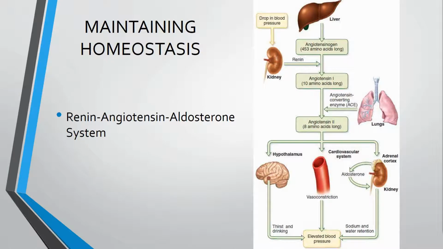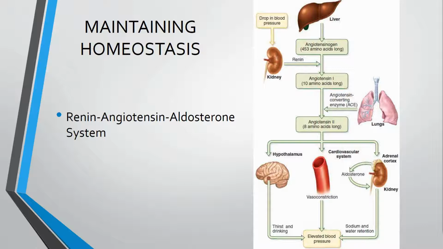Okay, our renin-angiotensin-aldosterone system. This system is based on blood flow rather than blood concentration. We have specialized receptors in the kidney nephrons that respond to changes in renal perfusion. So this initiates the renin-angiotensin-aldosterone system.